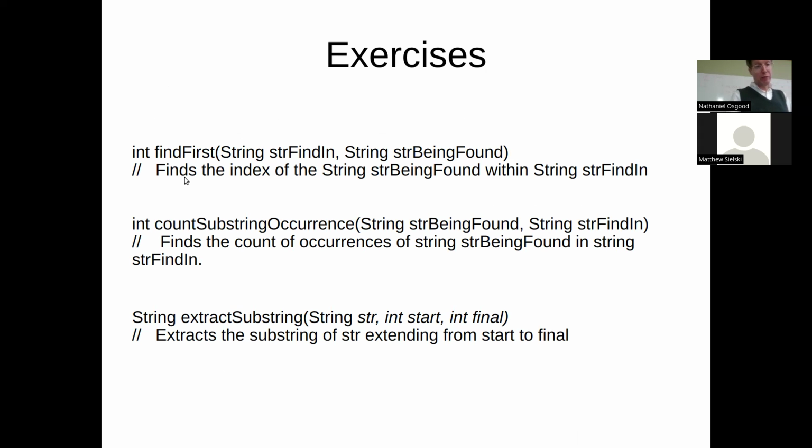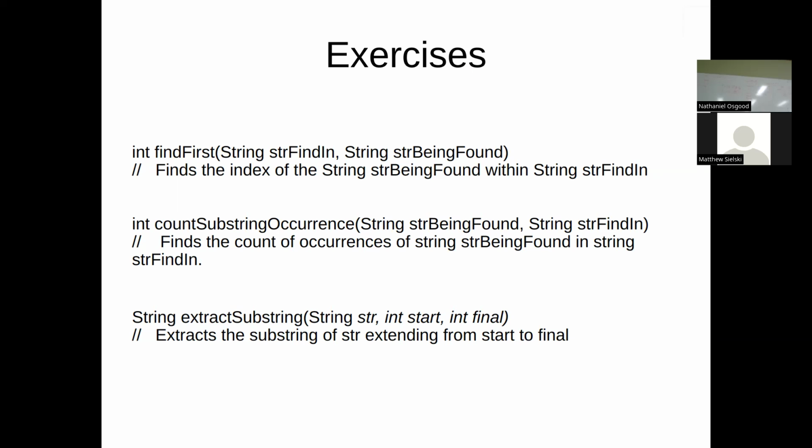Okay, we talked about the first of these. Your job with these is to come up with some thoughtful ways of sharpening that, recognizing there's a lot of latitude here. The second one is going to be counting the number of occurrences of string being found within string finding.